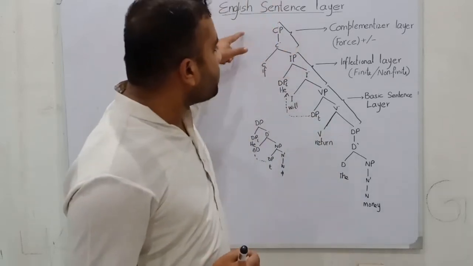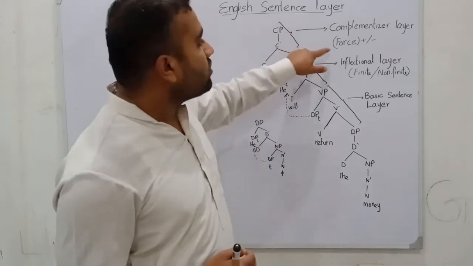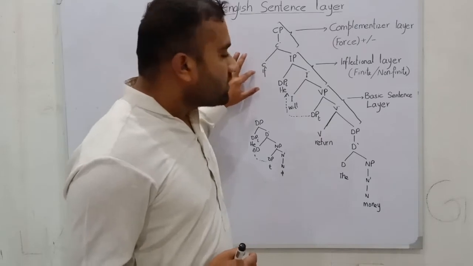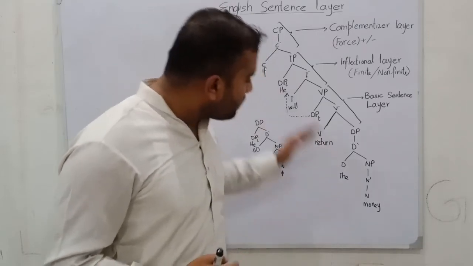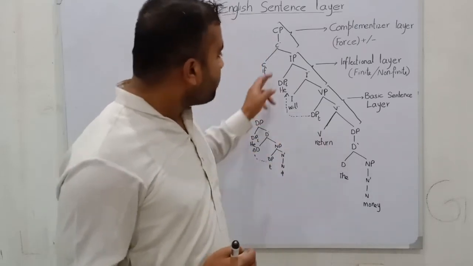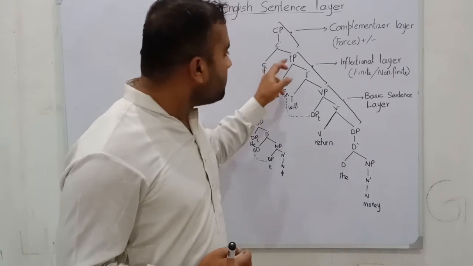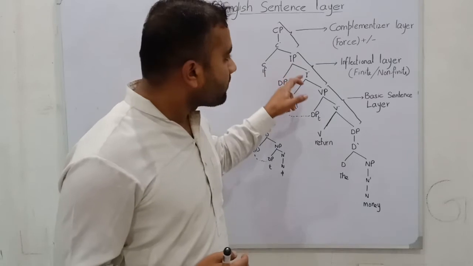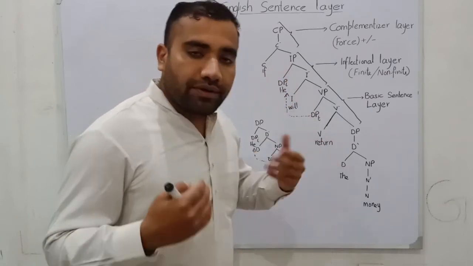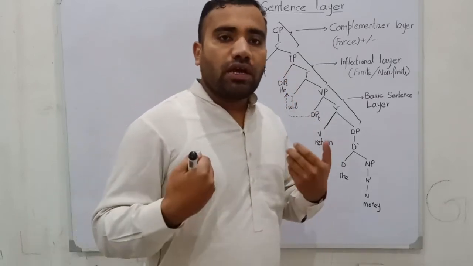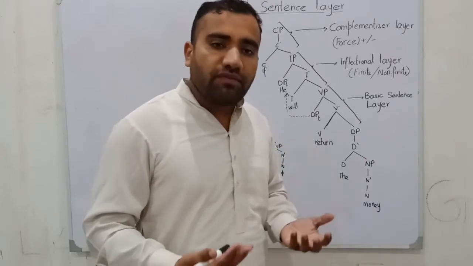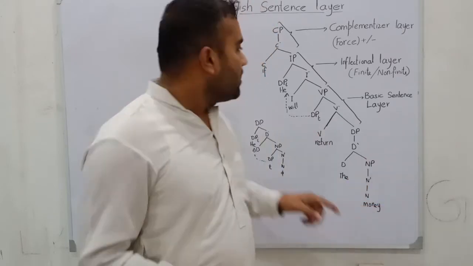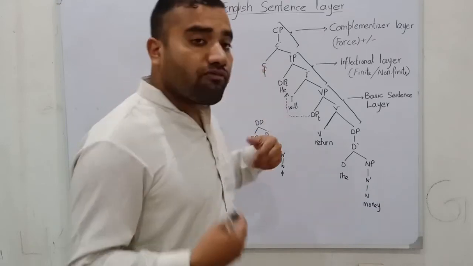Here at this layer we have the force. Force tells us whether the whole sentence, the complement of the C, is declarative, interrogative, imperative, or whatever the language is operating with.